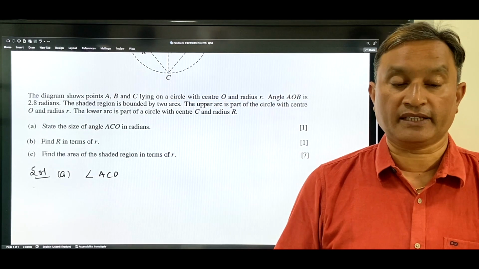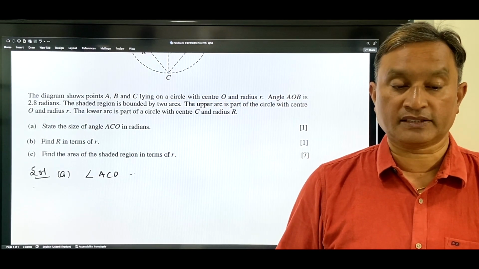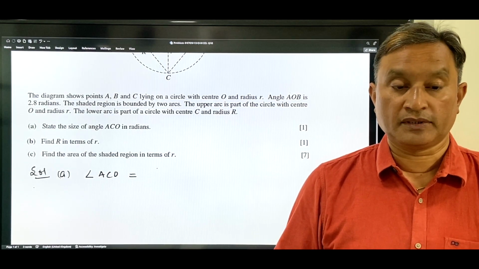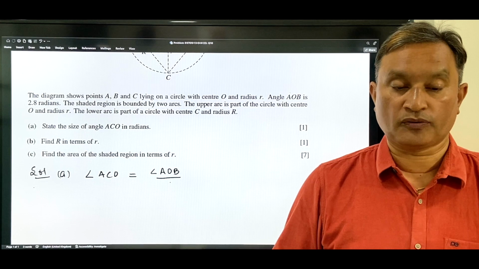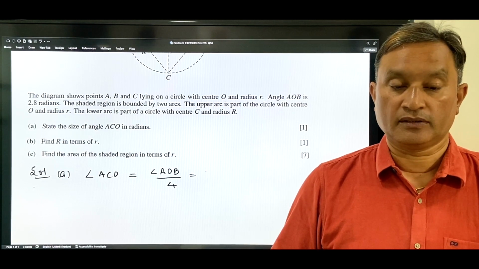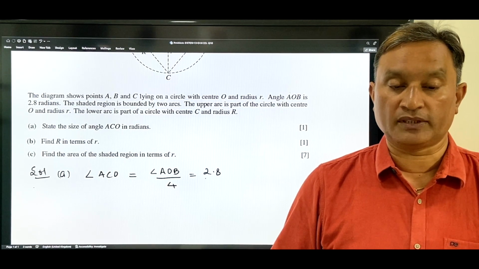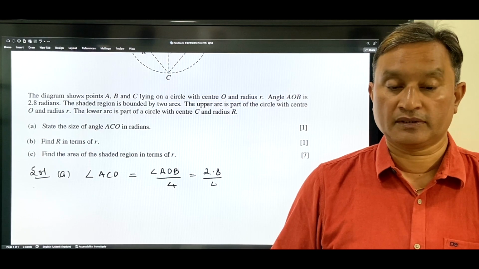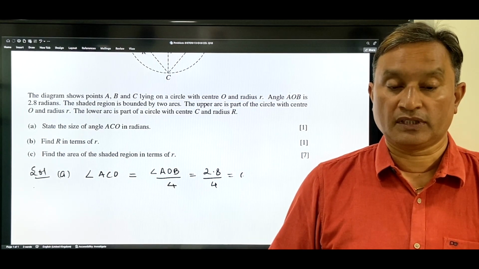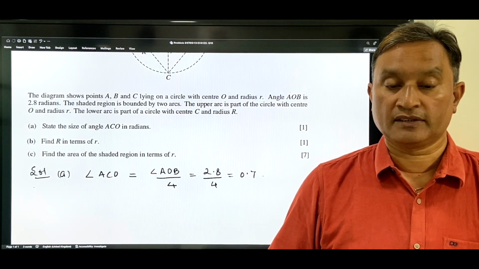So we will be writing here angle ACO equals angle AOB upon 4, which is 2.8 upon 4, equals 0.7 radian.